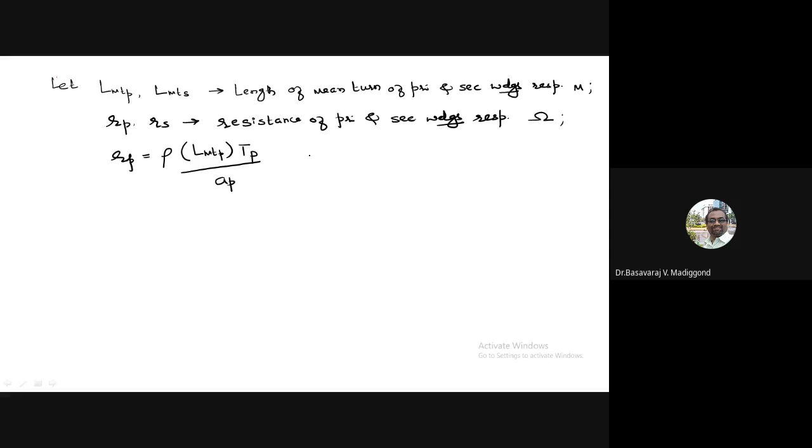Similarly, on the same lines, you can find RS, the resistance of the secondary winding. RS is equal to rho LMTS into TS divided by AS. These are the resistances of the primary winding and secondary winding.